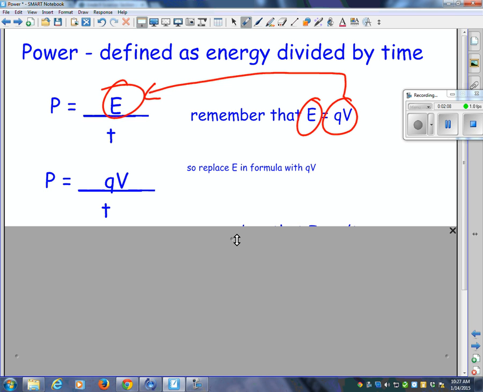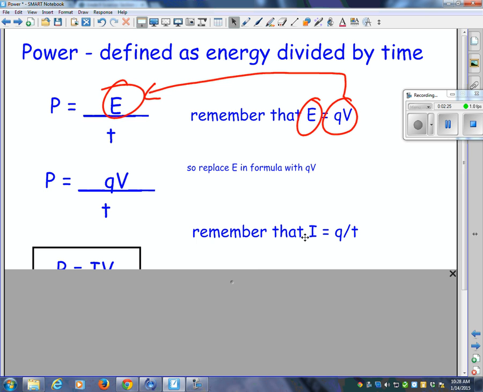And it says so right there. So replace the E in the formula with QV. So P equals QV over T. We're not done. Do you remember that I is equal to Q over T?